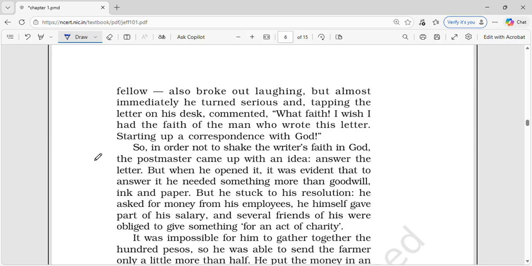I wish I had the faith of the man who wrote this letter and starting up of the correspondence with God." मतलब he said कि काश मेरे पास भी गॉड का एड्रेस होता, and he wished that ये मतलब गॉड का इस लेटर में किसने लिखा है, and then starting of the correspondence का मतलब क्या होता है, एक मिनट बताती हूँ.